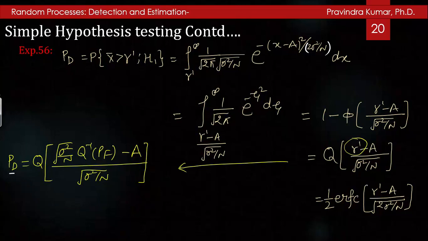From this Q function you can find out the probability of detection, after putting the value of gamma dash as we have observed in the previous slide.